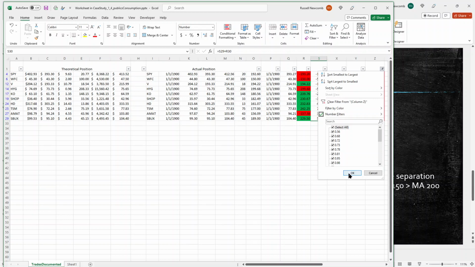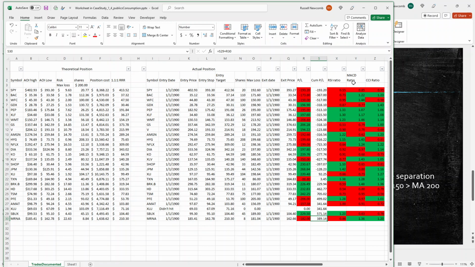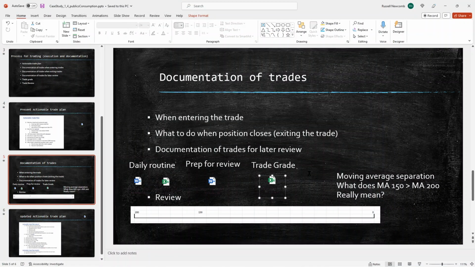And in my own trading, these would actually be like the moving averages or Bollinger Band stuff or that type of stuff. But I just made up these in order to have them as an example. So that's my process.